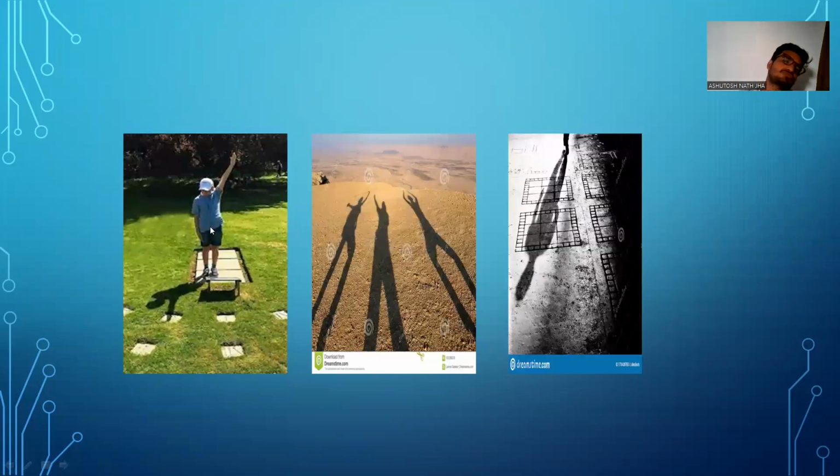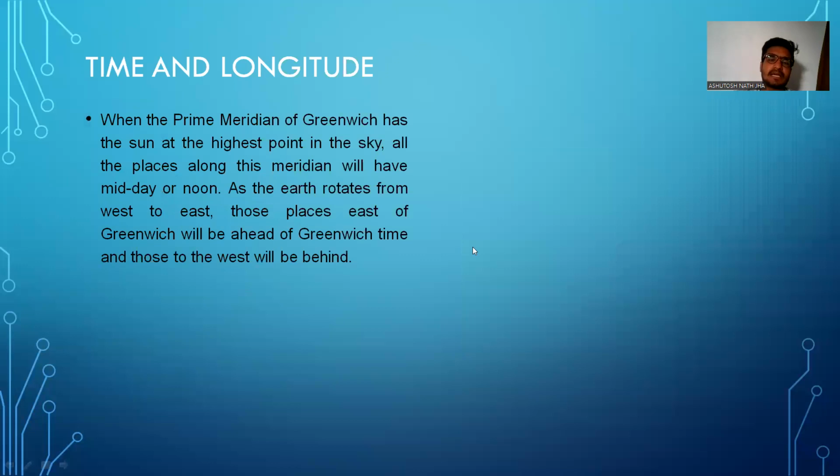So now, students, you have to observe these pictures and tell me what comes to your mind. You can see that they depict time and longitude, because they do it according to their shadows. So in this first module, we discuss time and longitude.